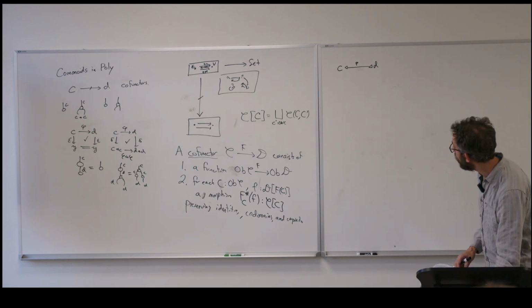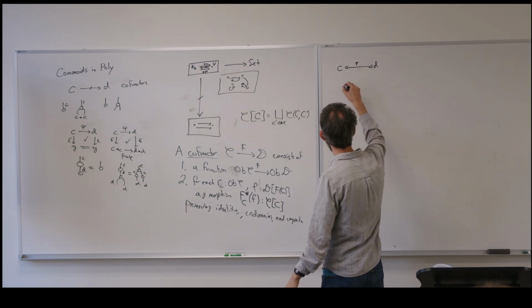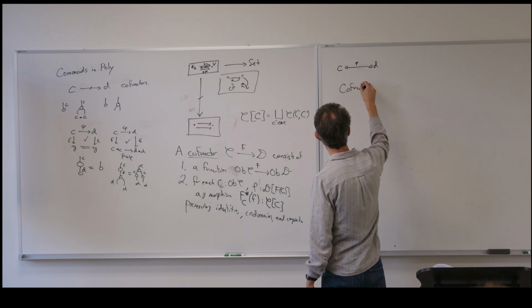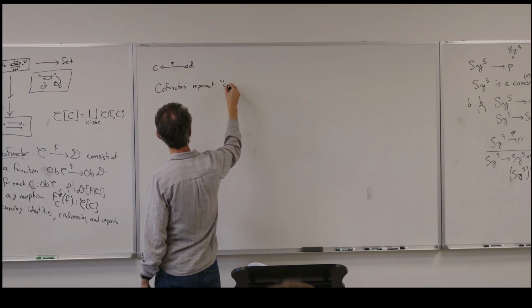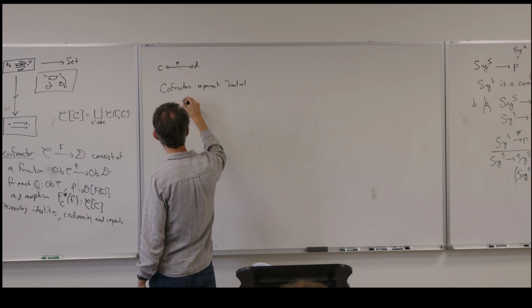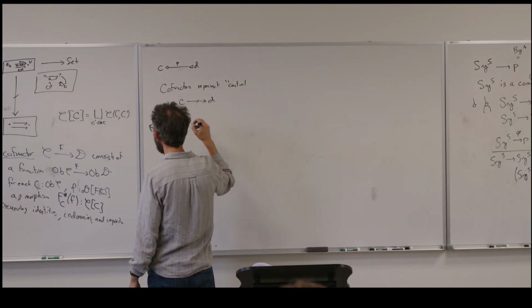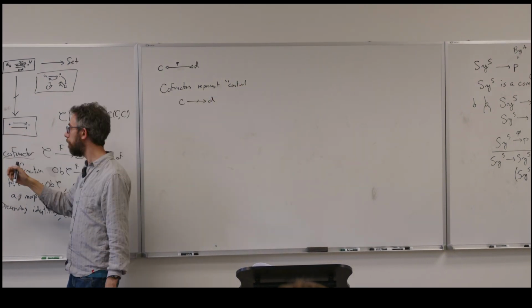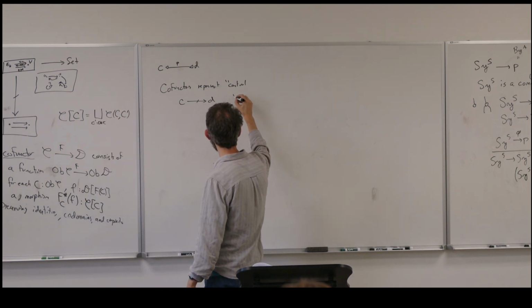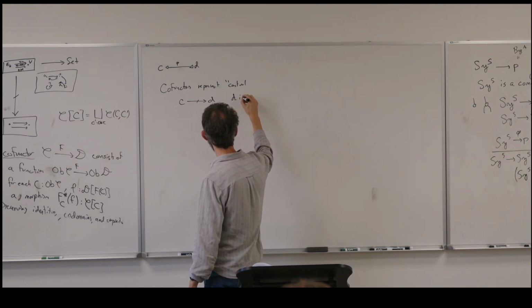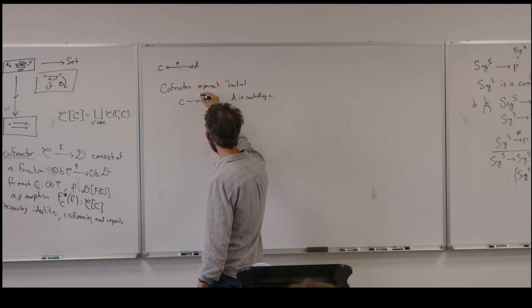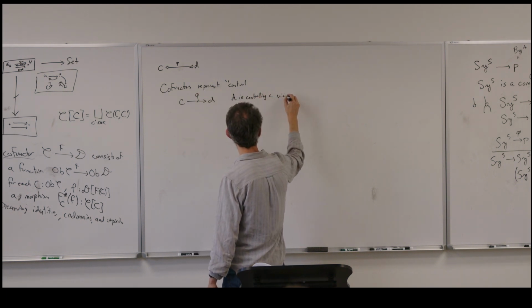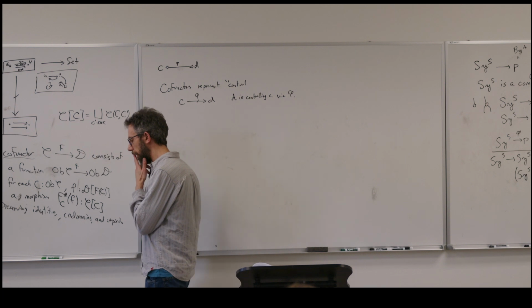So what I mean by control, so cofunctors represent control. If I have a cofunctor from C to D, by which I mean just one of these comonoid maps, then D is controlling C via F. So why would I say it that way?